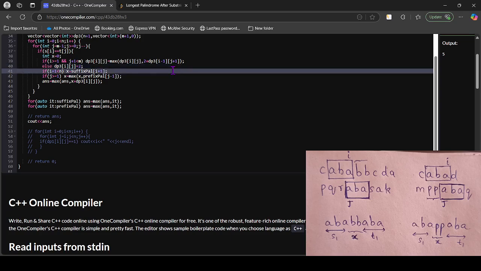And now again, after we got the case where s1 and t1 concatenated both can give a palindrome, the other case is left where it is a self palindrome in the first or second one. So if it is a self palindrome in the first one, if i plus 1 is less than n, the x length is equal to the suffix palindrome of i plus 1.